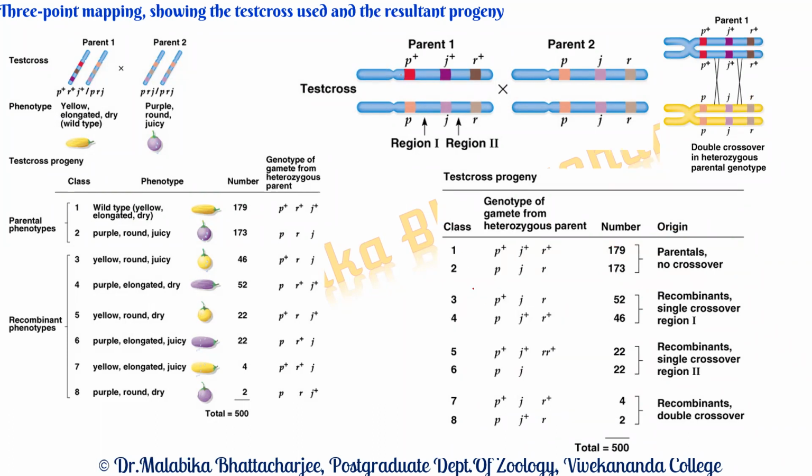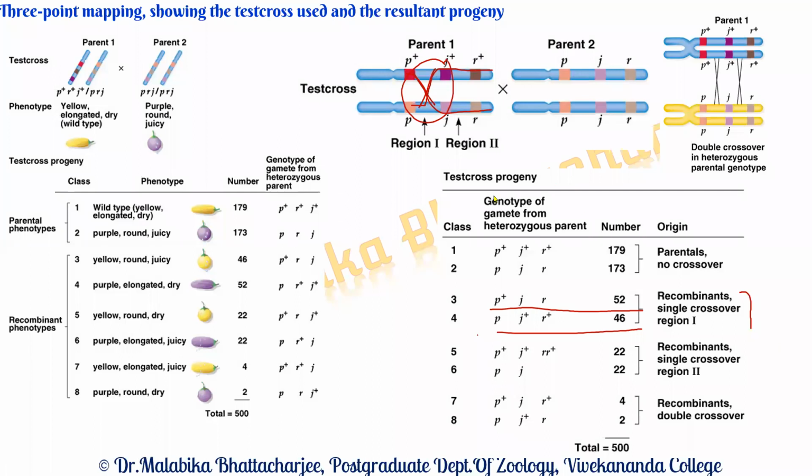So SCO1 will be recombination between this point: P plus, J, R, and the second one will be P, J plus, R plus. So this is the crossing over event occurring between P and J, that is region 1. So they are referred to as single crossover region 1 recombinants.